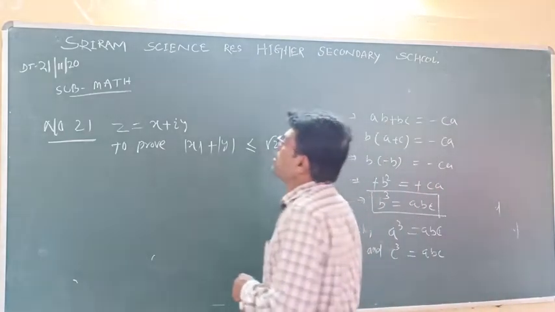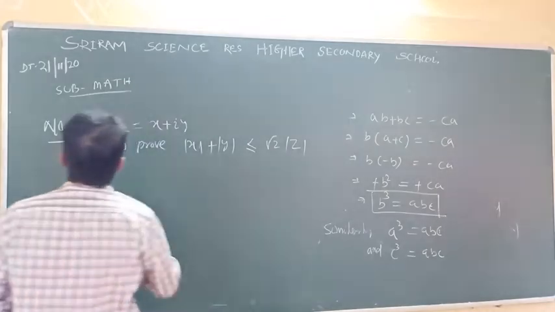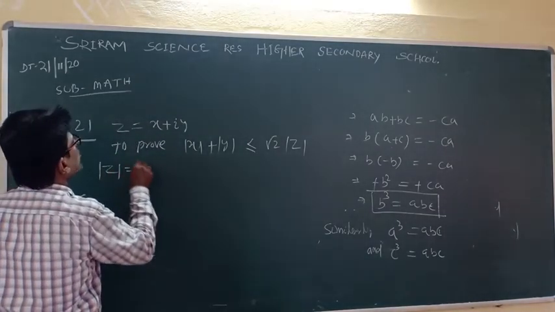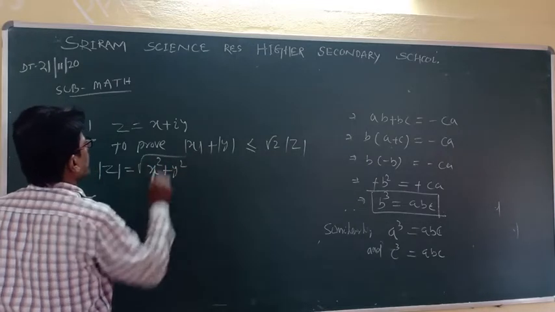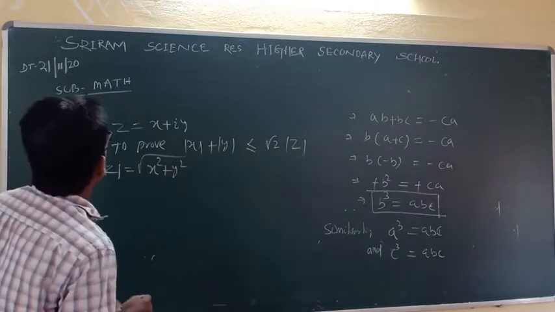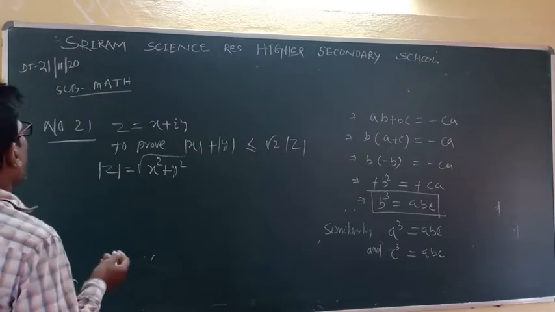Now, do you know the value of modulus? The modulus value of z is equal to root over x square plus y square.